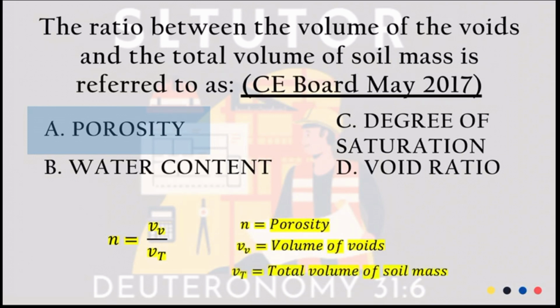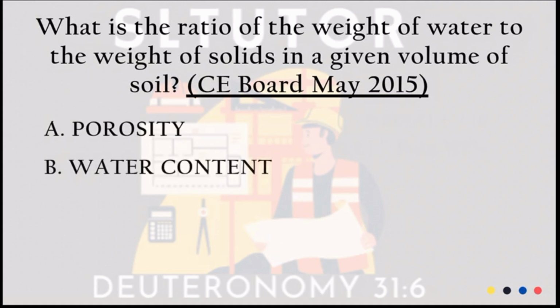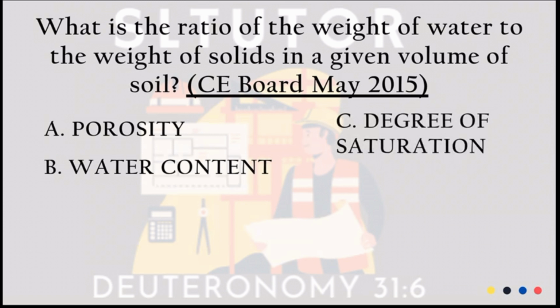Next question. What is the ratio of the weight of water to the weight of solids in a given volume of soil? Letter A, porosity. Letter B, water content. Letter C, degree of saturation. And letter D, void ratio. So, dalawa na lang pagpipilian natin. B or D. Ang sabi sa problem, medyo obvious, weight of water over weight of solids.